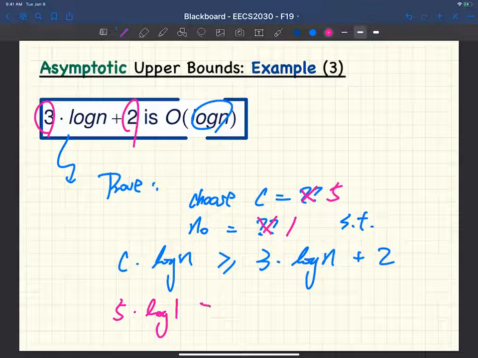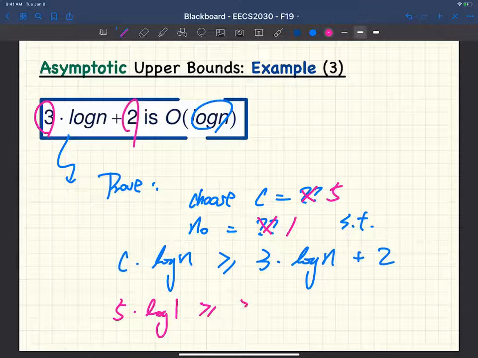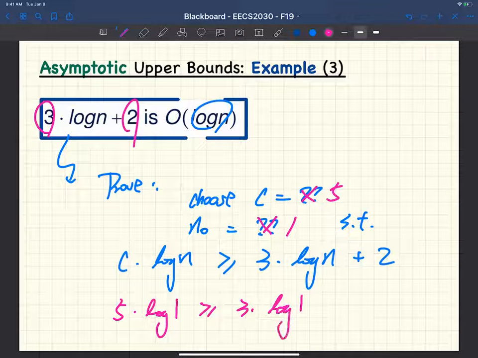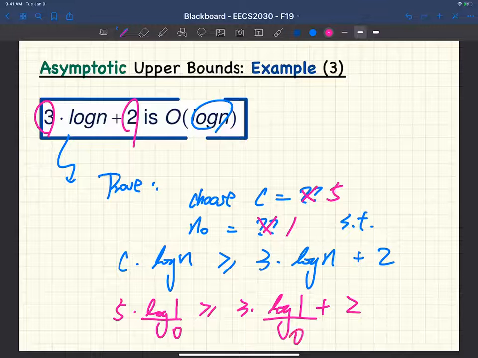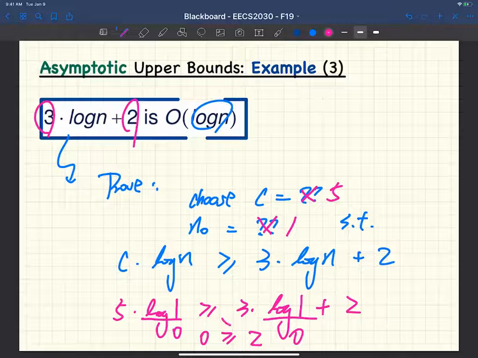Is it larger than or equal to 3 times log 1 plus 2? Hopefully you already see that's not the case, because this guy here is 0. This guy here is also 0. Is 0 larger than or equal to 2? No. So N0 over here is not right. N0 was chosen wrongly.